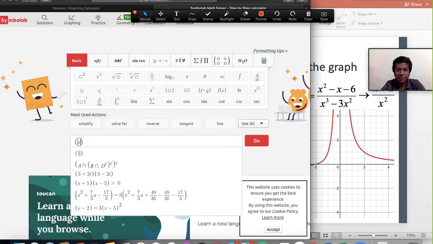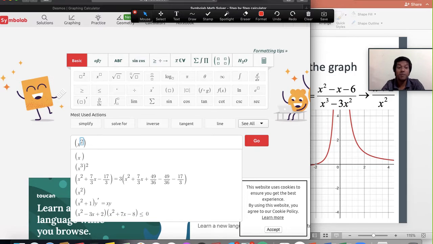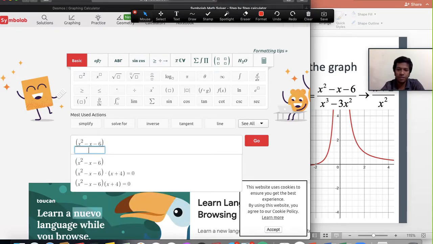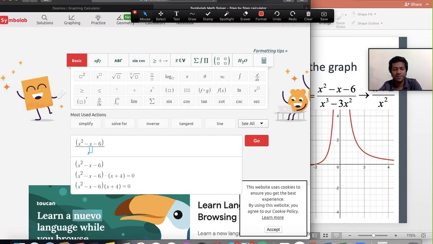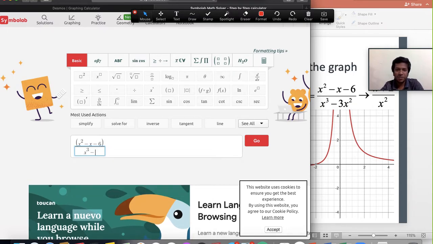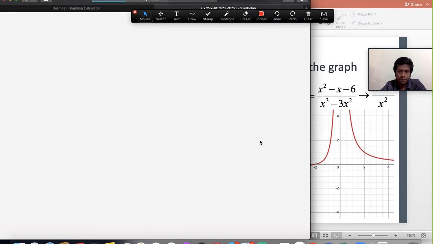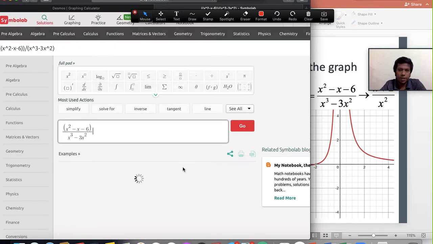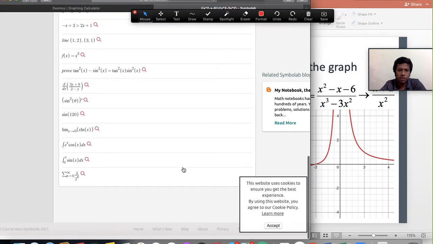So x squared, I will show you what I mean by powerful. See, here you can write the equation in an equation format. This is massively powerful. You will see. x cubed minus 3x squared. So you want the graph of this. We can actually go for some detail also.